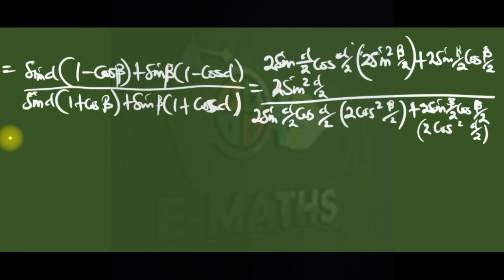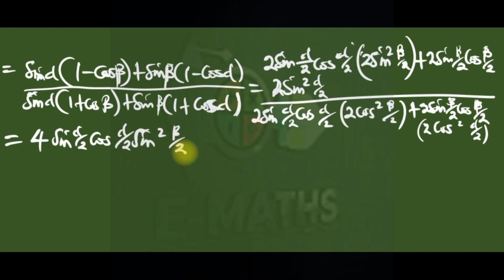Okay, so we can multiply this times this: 2 times 2 is 4. I have sine half alpha cos half alpha sine squared half beta, so I've multiplied this and this.